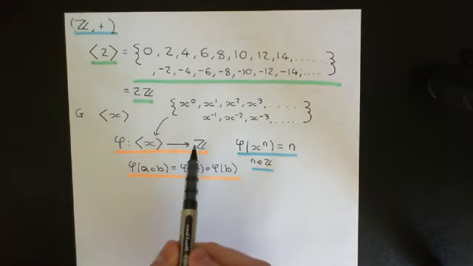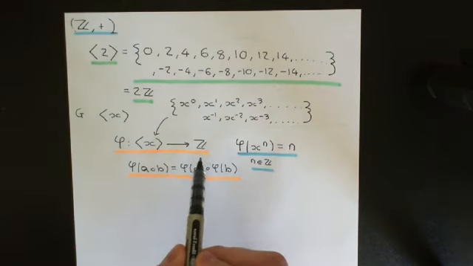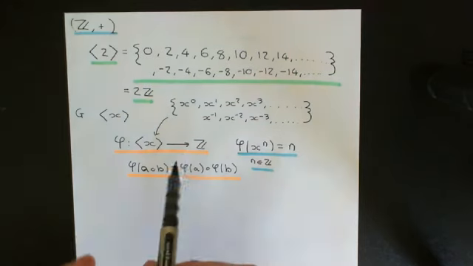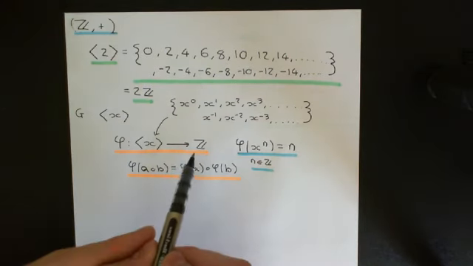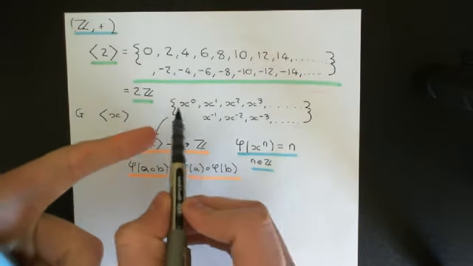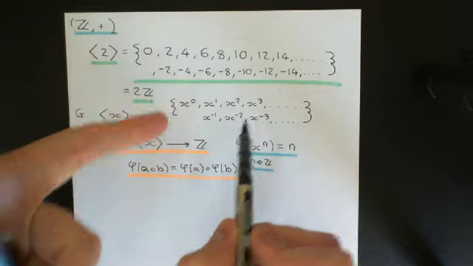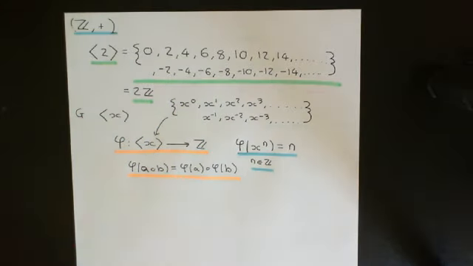It's going to be one to one because every integer is going to get one of these mapped onto it, and only one, so it's not going to end up being many to one. It's also going to be onto because all of the integers are represented here. We have x to the power of any integer, therefore any integer will have some power of x mapped onto it.